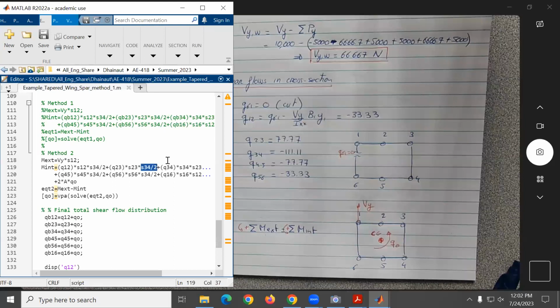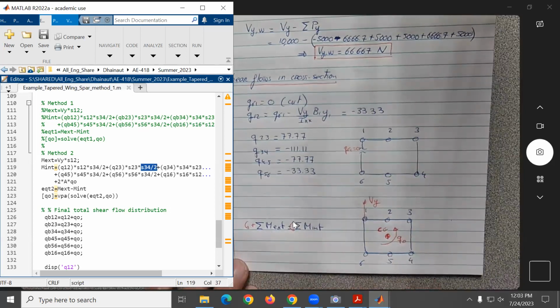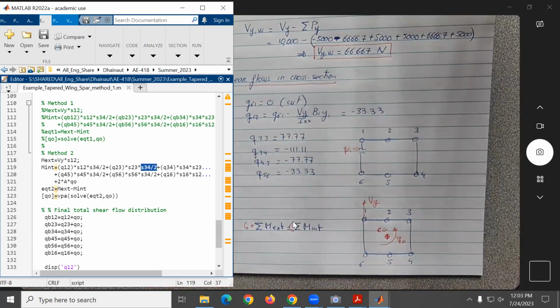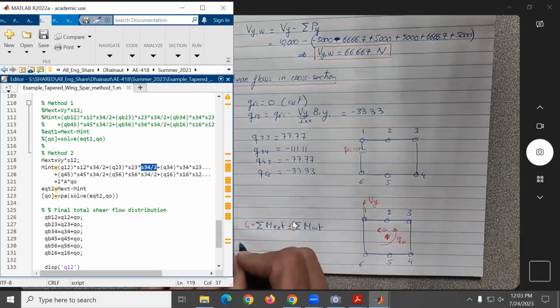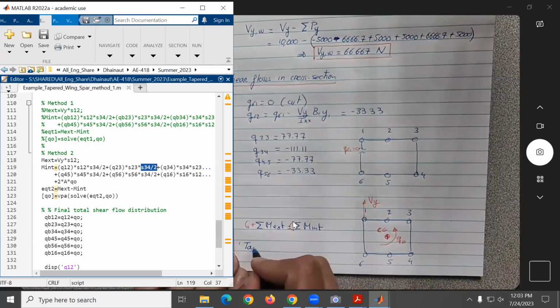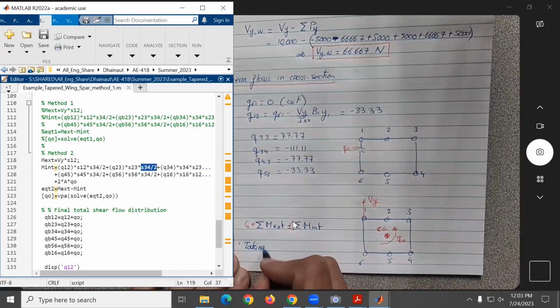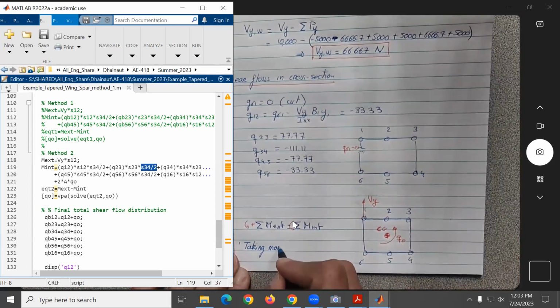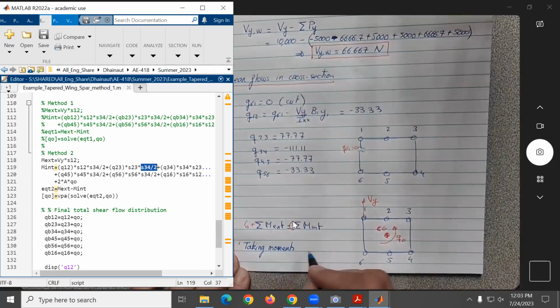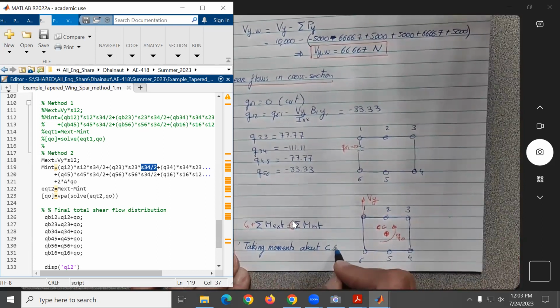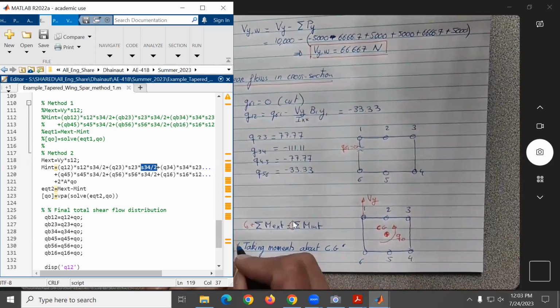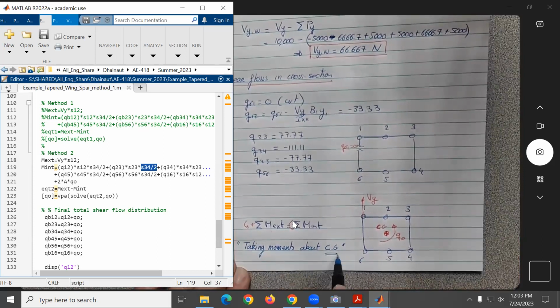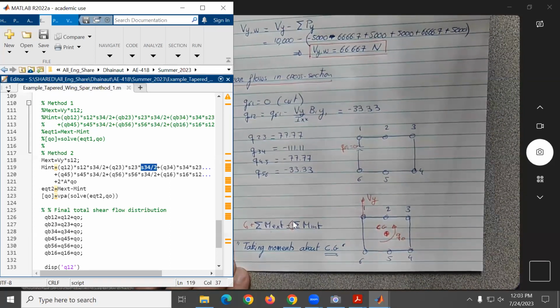And so basically, if you want to summarize this, let me make a note here. Taking moments about CG. Remember, it's important to take them about the CG.